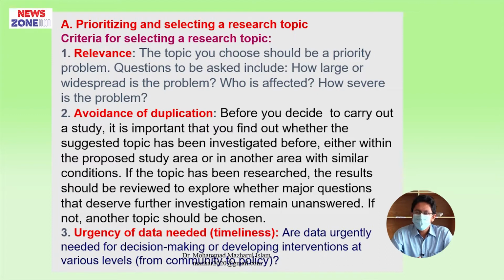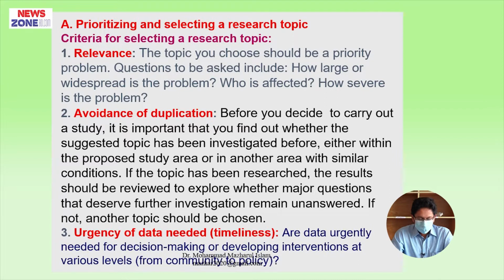We don't have to repeat, because the answer to that question is already discovered by some other persons. So we have to see that by literature review, like studying the journals or newspapers or textbooks, especially journal articles, and we have to find out whether this problem is already solved or not. So we don't repeat any study.